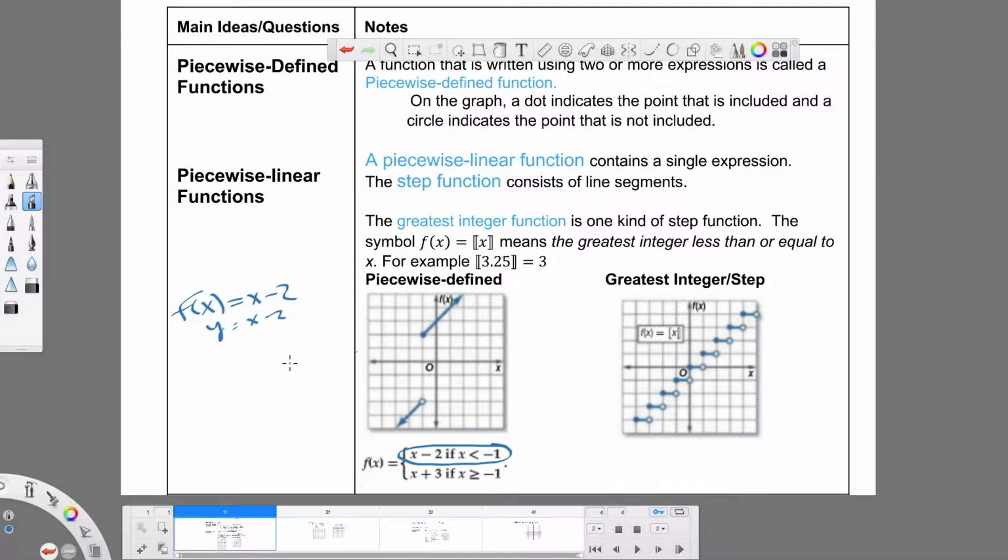So I can look at this as slope-intercept form.